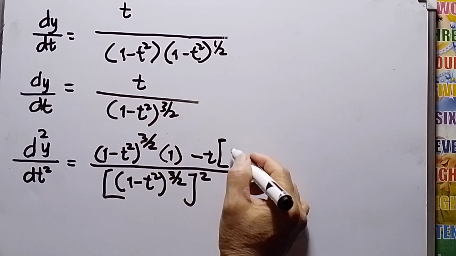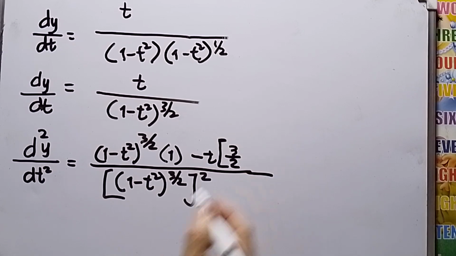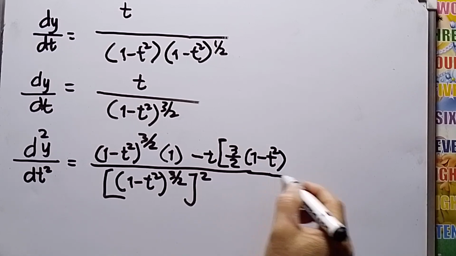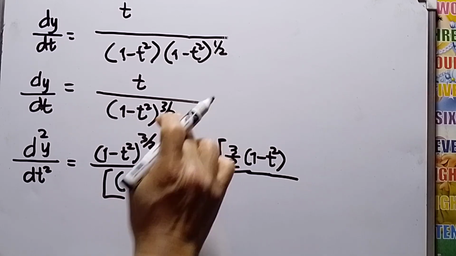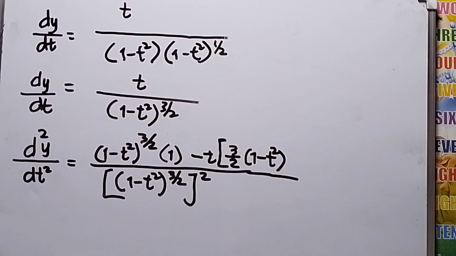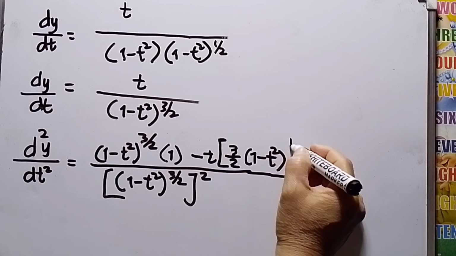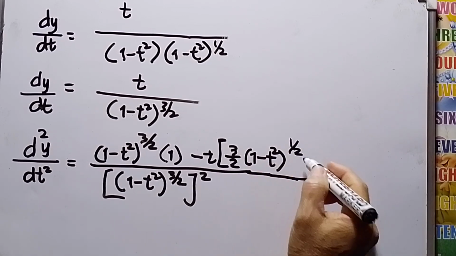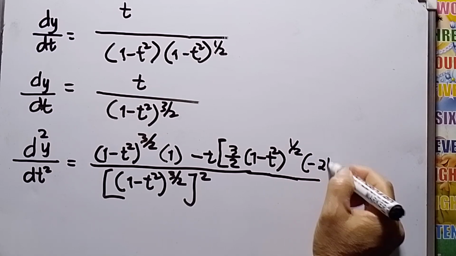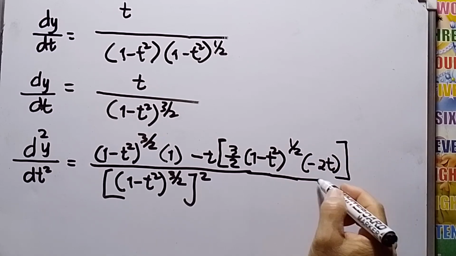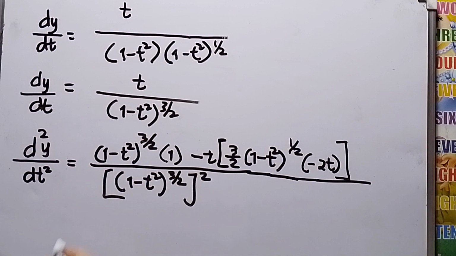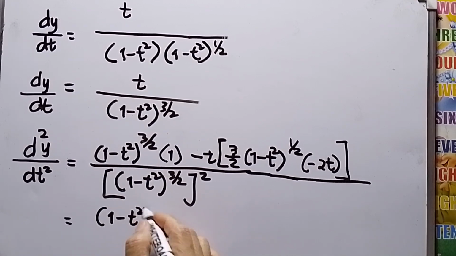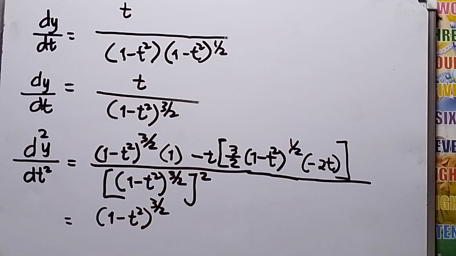This will be power formula, 3 over 2 times 1 minus t squared, then n minus 1, so 3/2 minus 1, so this will be 1 over 2. Then derivative inside, that is negative 2t. Okay? So this will be 1 minus t squared raised to 3 halves.